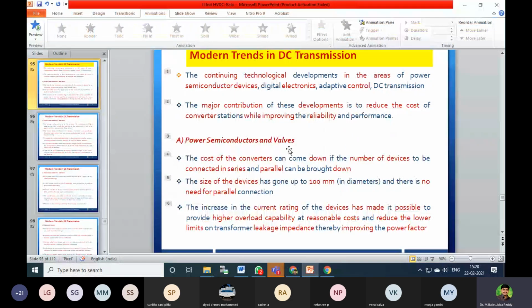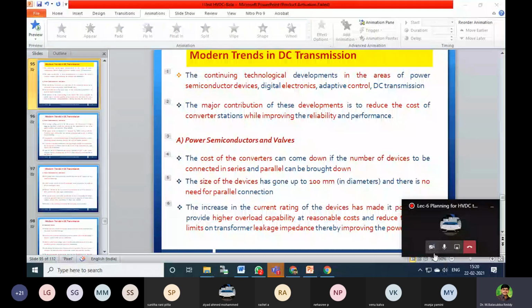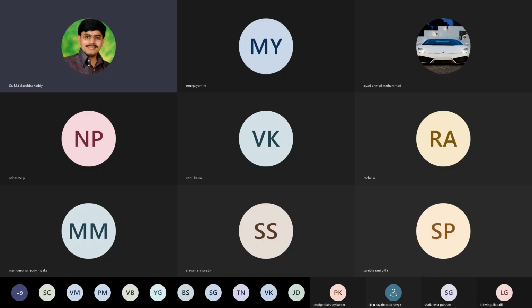Only one more class is required to complete this. After that I will conduct a slip test. I will send this PPT to all of you. The first unit is very theory oriented, that's why it is not very difficult. Just go through all these slides once and you can write by your own. It is not complicated. You just give it in your own sentences: advantages or disadvantages, comparison, technical aspects, planning, modern trends, types of HVDC link, and components of HVDC systems.